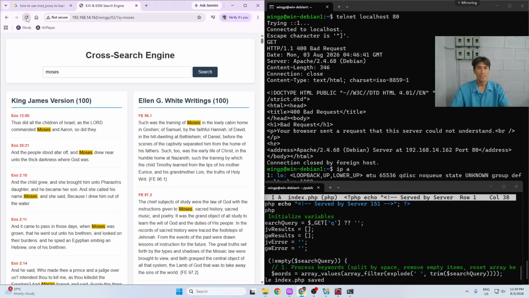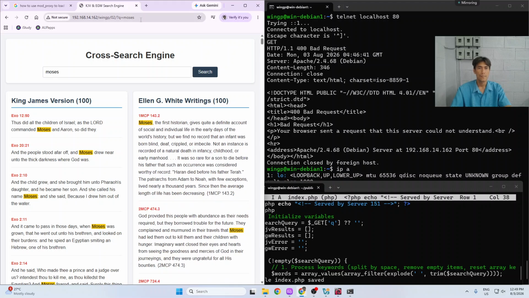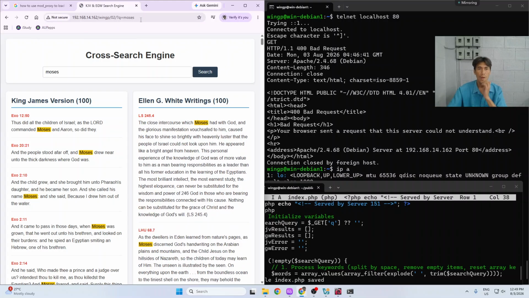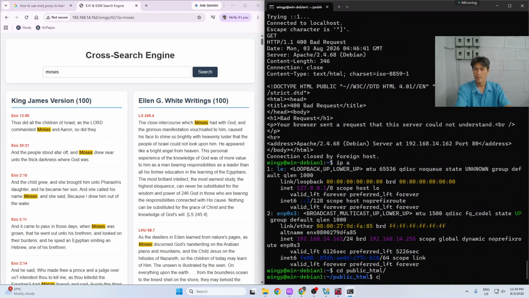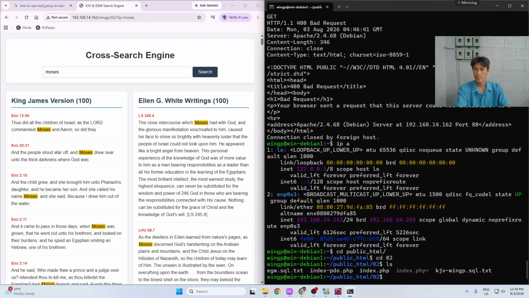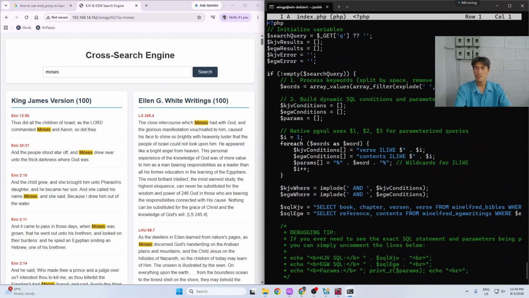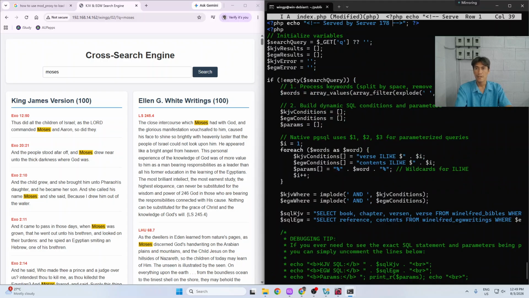Hindi naman lumalabas. Okay. Maybe na dito sa kabila. Lagyan na natin to. Served by 162.